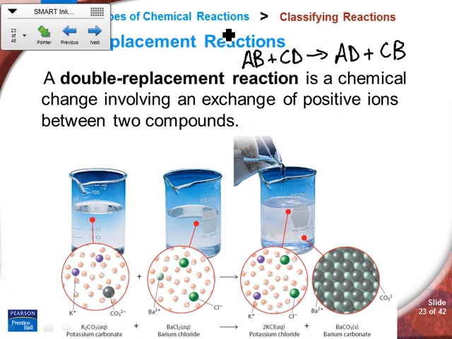And I'll show you why. This A and this C, those are the cations, those are the metals. You're going to switch those, and that's really the easiest way to do this, okay? So you see how those switch places and you end up with AD and CB, okay?